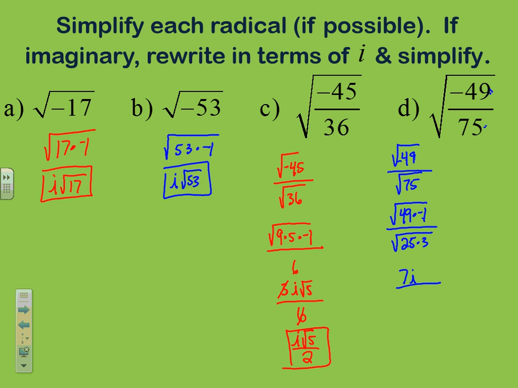In the denominator, the square root of 25 will give me 5. And I'm still left with a radical 3 that doesn't simplify, and the 5 in the denominator and the 7 in the numerator don't have any common factors, so we can't simplify those at all. So that is what we're left with as our final result here, 7i over 5 square root 3.